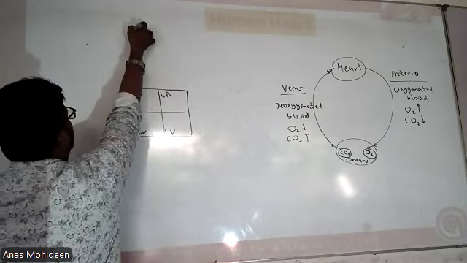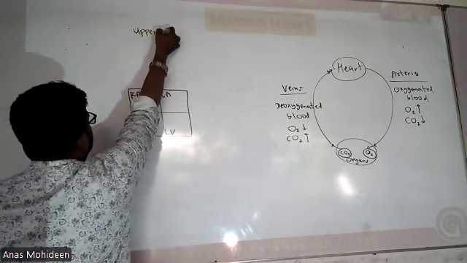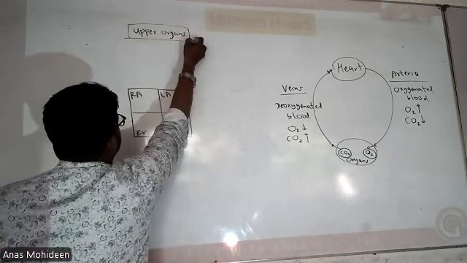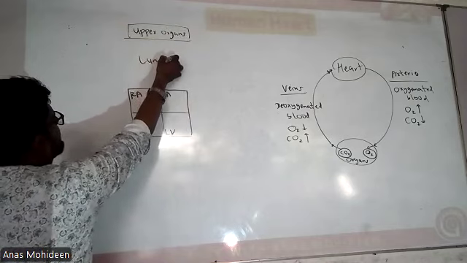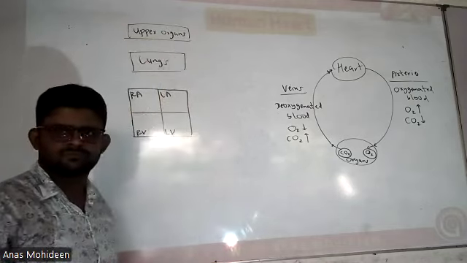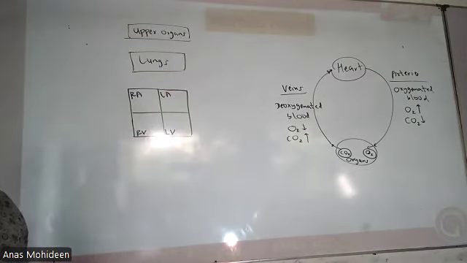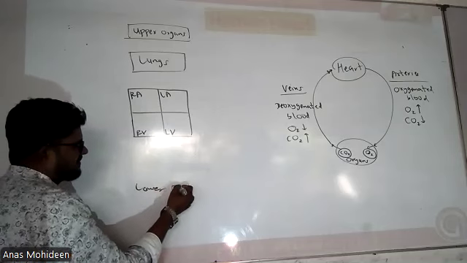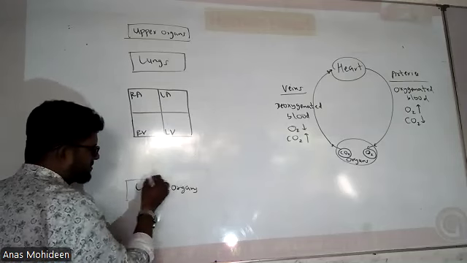These are the upper organs. And the lungs. How many lungs do you have? Two lungs. And the lower organs are there. Okay. Look at this.